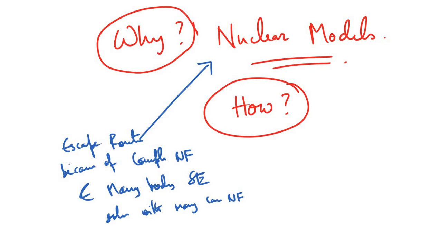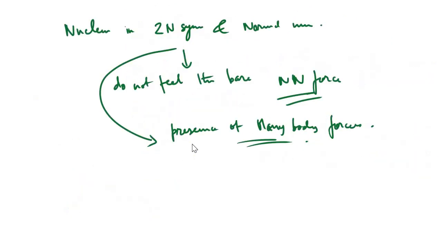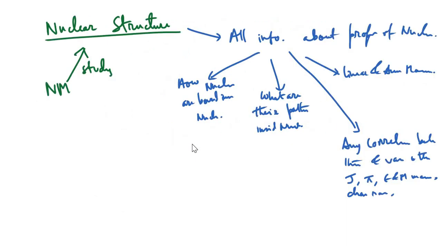So basically we are talking about an escape route, an alternative route to understand the structure of the nucleus. So this is the nuclear model way. Okay.